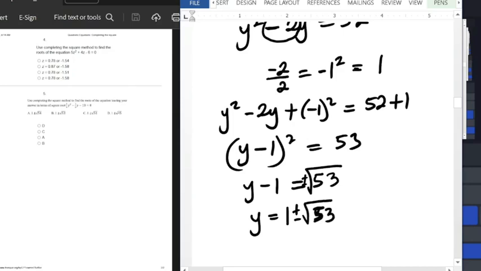Alright, so we look at the options there. It is given in this form: 1 plus or minus root 53. So the option is B.